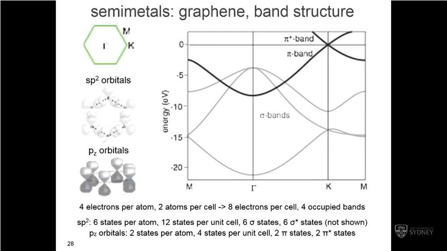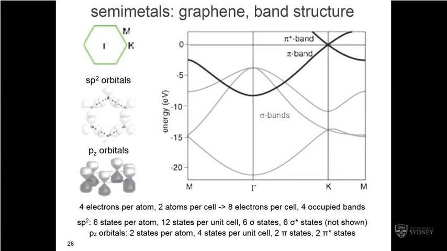They are not shown. Okay? These pz orbitals, if you plotted them out in k-space, we know that each p orbital can hold 2 electrons. So there's 2 states, spin up, spin down. And we have, therefore, 4 states per cell. Now, these states form what is called pi states. This is the pi band here, and then there is a pi star band.